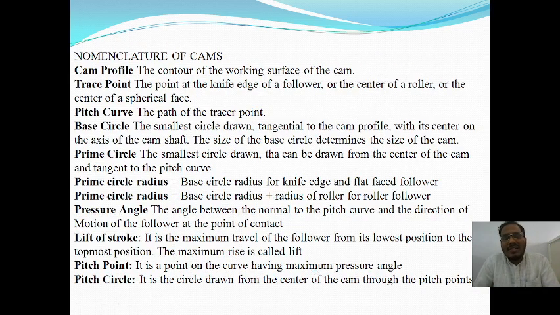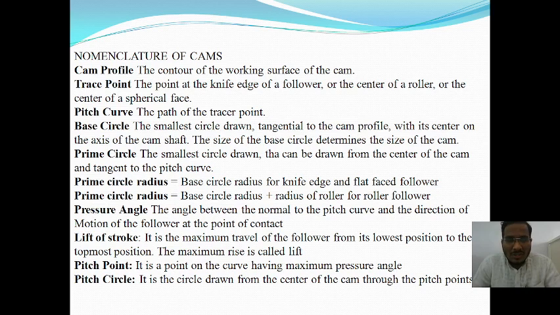Okay, then next is the nomenclature of cams. Some basic important points are there while you are drawing the cam profile, so you have to remember these basic points. While you are drawing the cam profile, you have to remember the contour of the working surface of the cam, that is, how much the diameter of the working surface of the cam is.